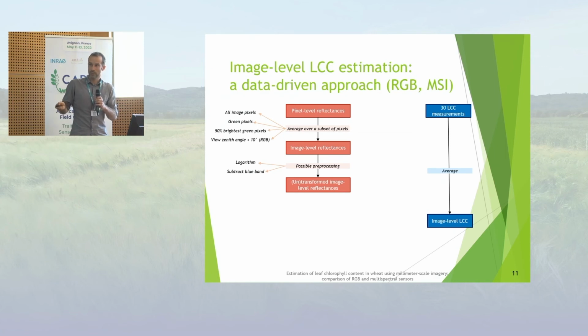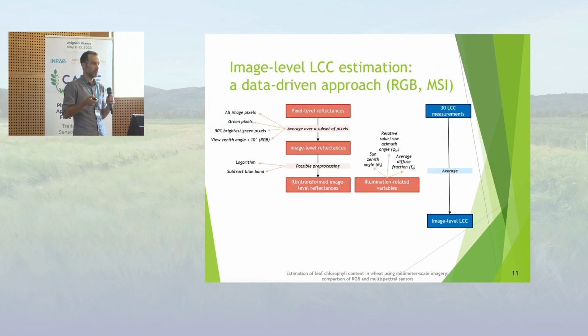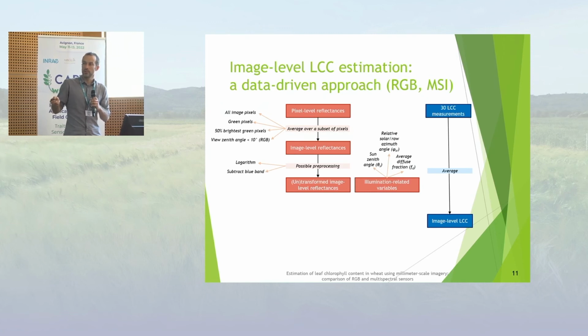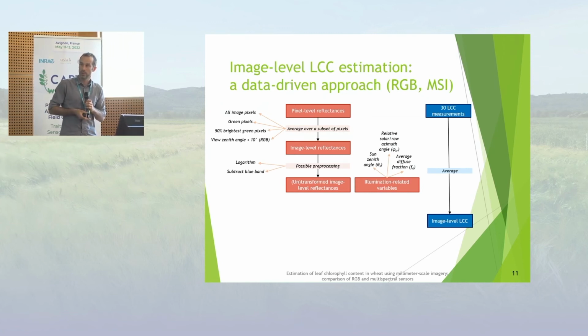Then we have some transformed or untransformed reflectance. Then we can add some other variables that can help handle the difference in illumination between the images. This can be the sun zenith angle, the relative solar row azimuth angle, or the diffuse fraction.